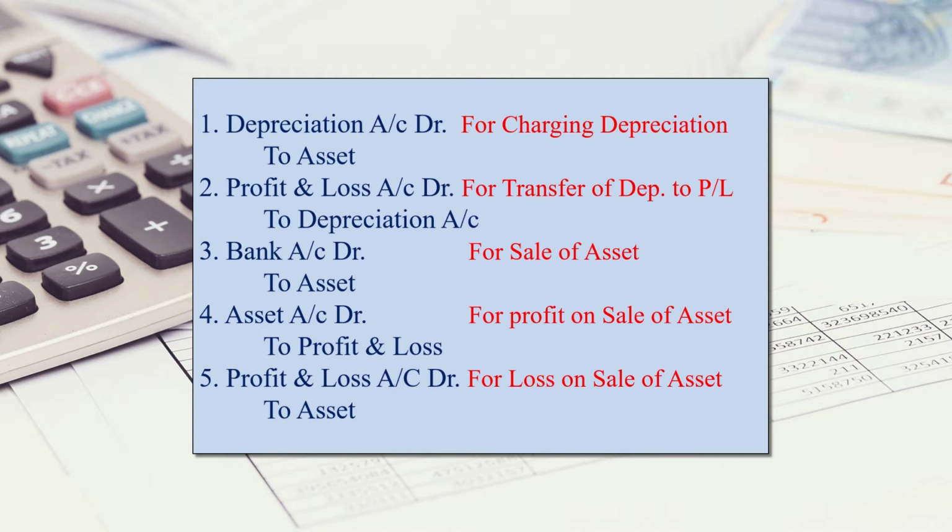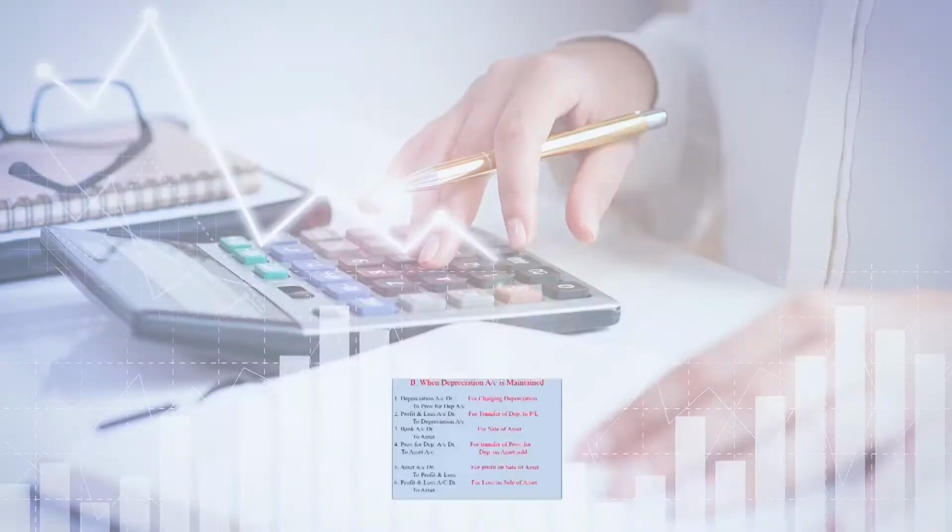So, the entry would be asset account debit to profit and loss account if profit has been generated, and if a loss has taken place on sale of the asset, there will be a reverse entry, profit and loss account debit to asset. This is how the journal entries are recorded in the books of accounts.